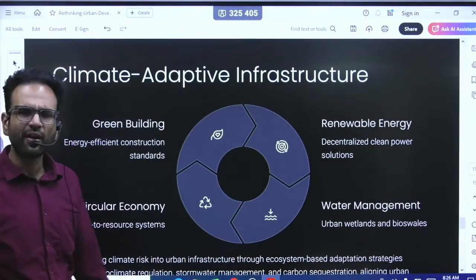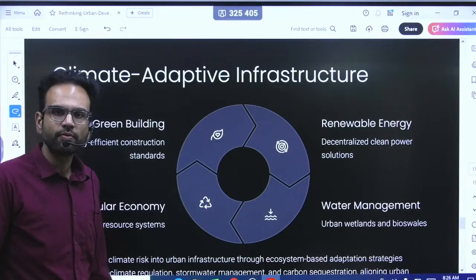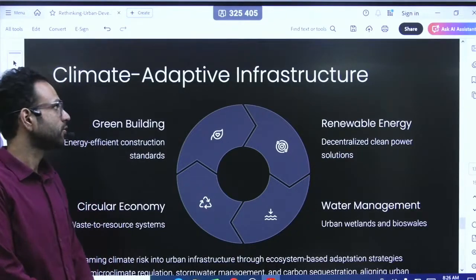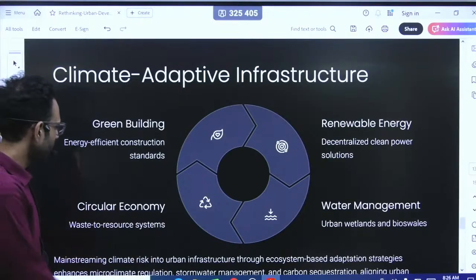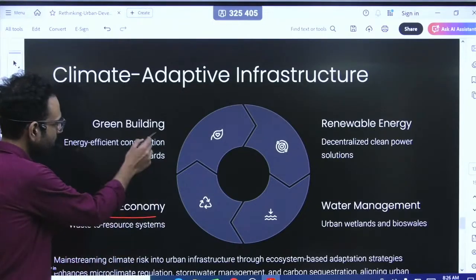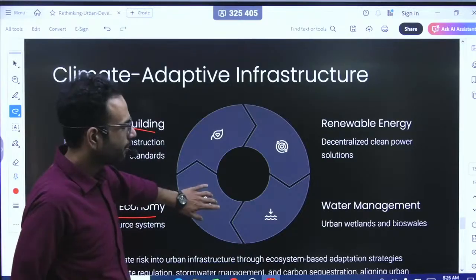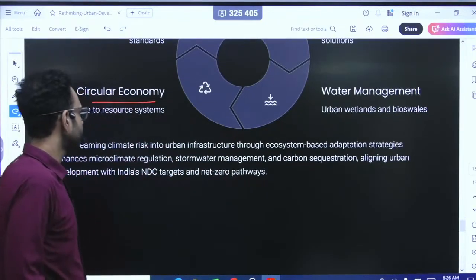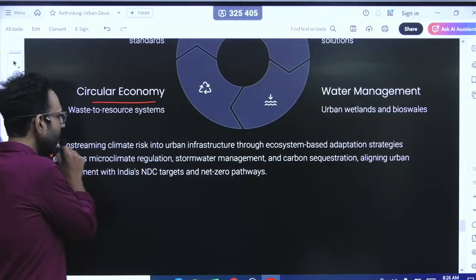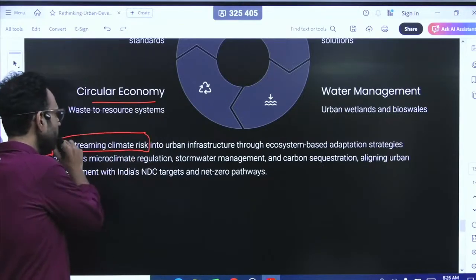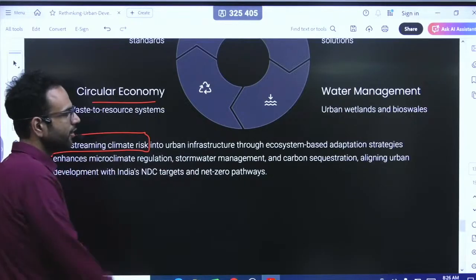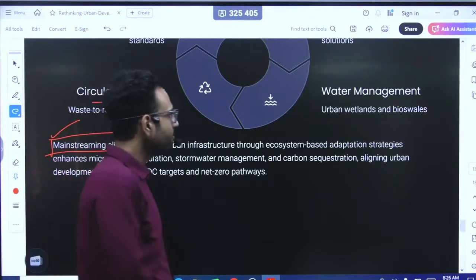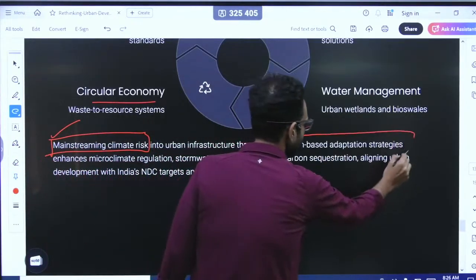We need to have climate adaptive solutions, infrastructure, where concepts like circular economy, green building, renewable energy, water management systems are all integrated into the urban planning. Okay? What is the way to express it? Mainstreaming climate risk into urban policies and infrastructure needs so that we have ecosystem based adaptation strategies.